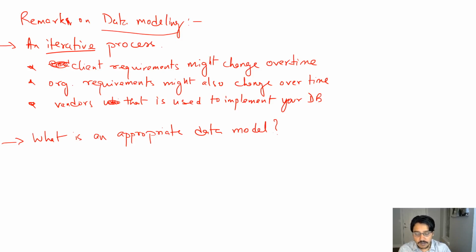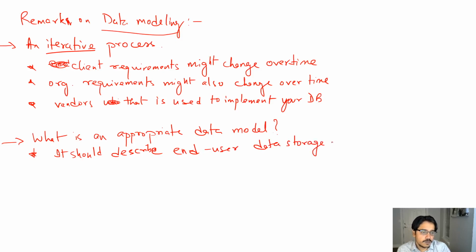The first thing that you have to keep in mind, if you are asking yourself what is the appropriate data model, is that it should describe end user data storage correctly.